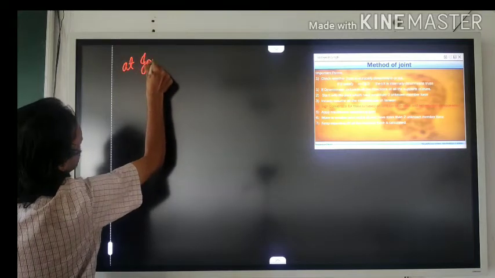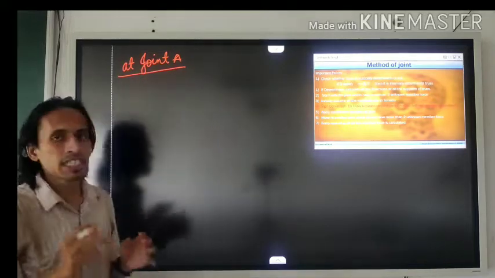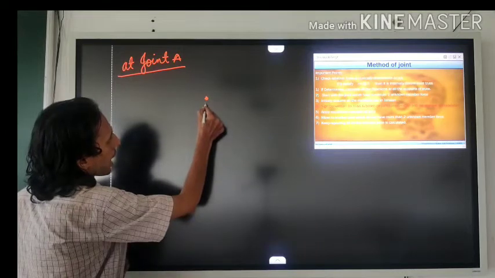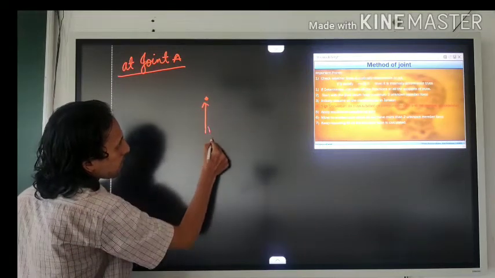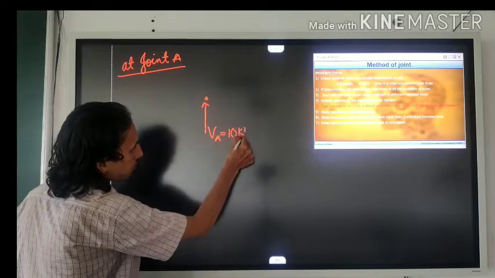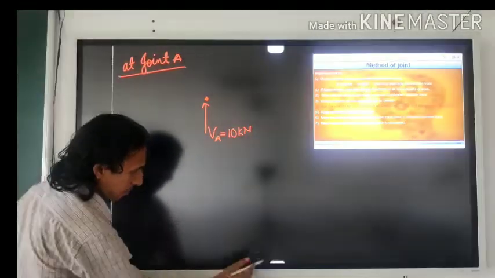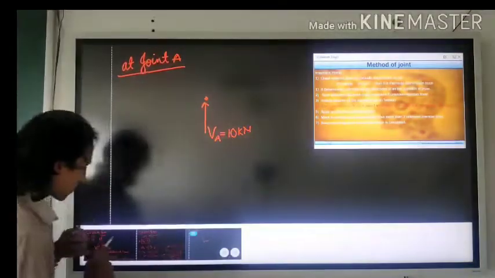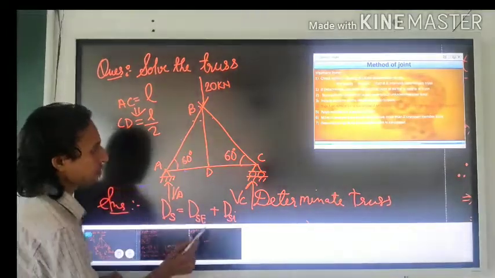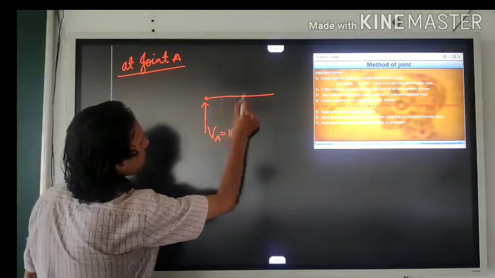So at joint A, first draw the joint A. So this is joint A. At joint A there is one force VA. Its value is 10 kilonewton. Then what else? Then AD and AB. Draw here: there is AD.